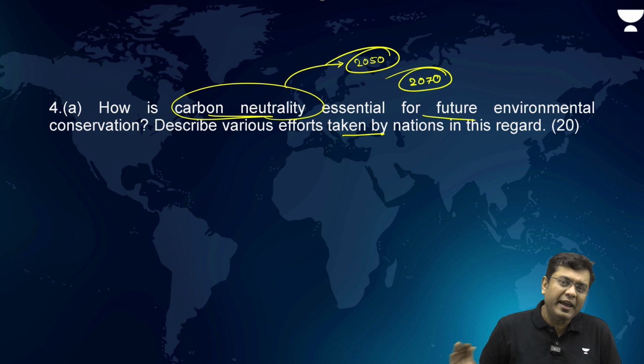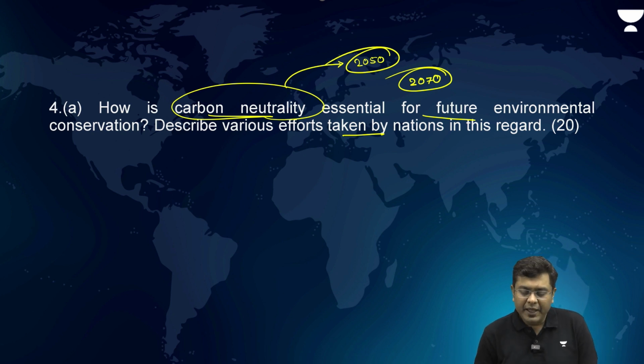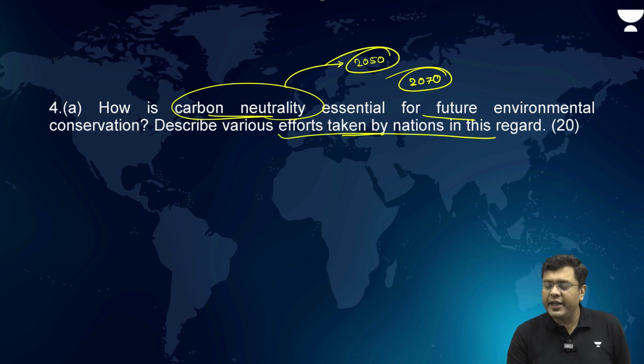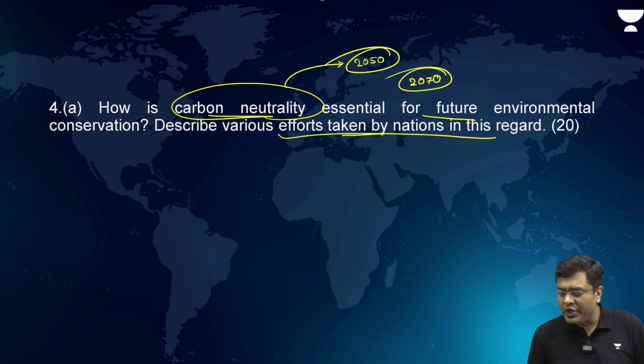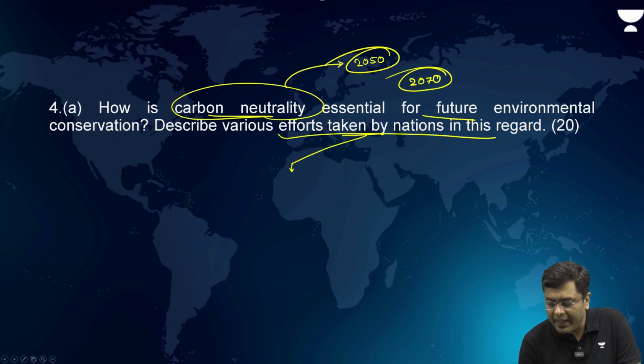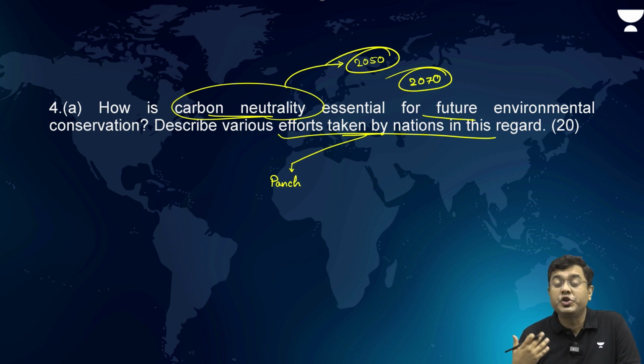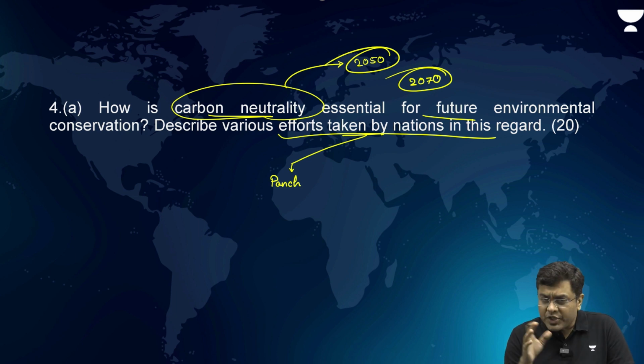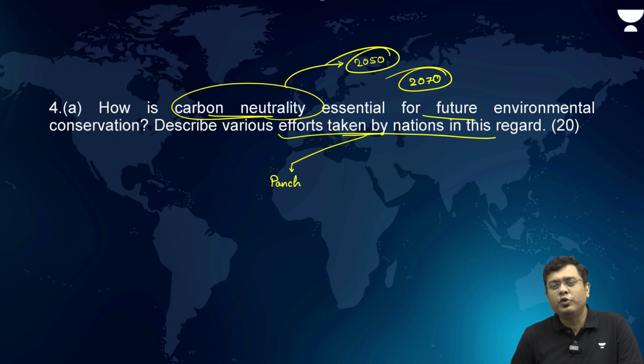So, that is very important and relevant here. Various efforts taken by nations in this regard: you can mention the Panchamrit goals by India, where we have declared to have almost 500 gigawatt of renewable production, 50% of energy being produced by renewables, then reduction of carbon intensity in the economy by almost 45%. So, this is something that you can talk about.